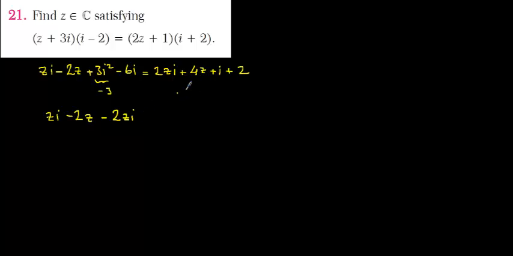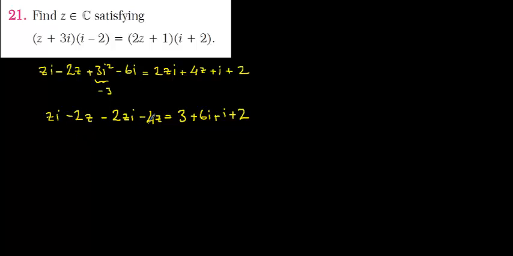and this 4z when we send it to the other side is going to be minus 4z, equal to, here this 3i squared becomes minus 3, and when you send it to the other side it is going to be 3, and minus 6i when you send it to the other side is plus 6i, plus i, and plus 2. So the terms with i in this part I'm going to collect to one side and the others on the other side.